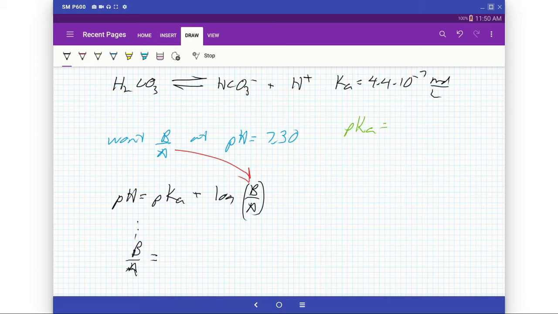I got the same as Taylor, 8.78. But that suggests that we should probably work through this. So 7.30 is equal to, what is the pKa? Does anyone have that number? Just type it in.